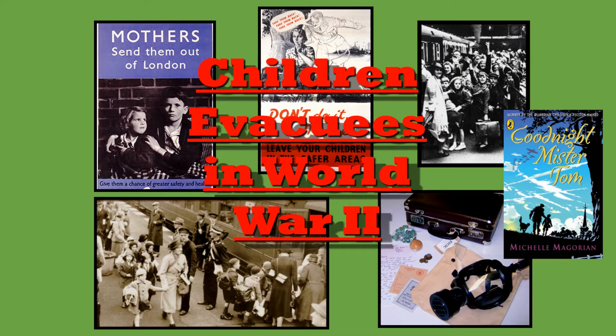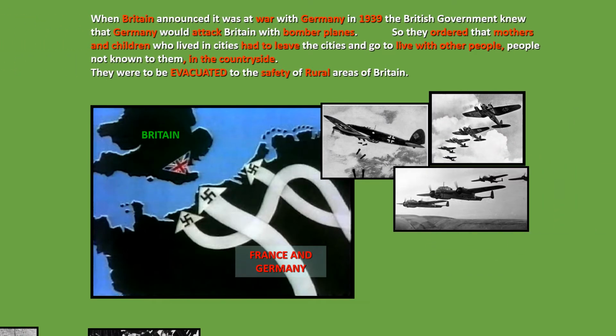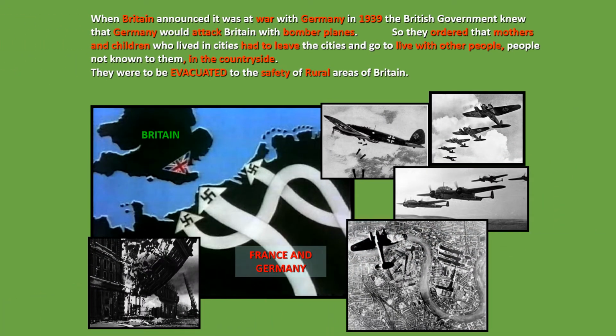So I'm going to begin by giving you some background and explaining exactly what's meant by a child evacuee in World War II. So when Britain announced in 1939 that it was at war with Germany, the British government knew that Germany would attack with its bomber planes. So in order to protect families, they ordered mothers and children who lived in these cities that they had to leave the cities and go and live in rural areas.